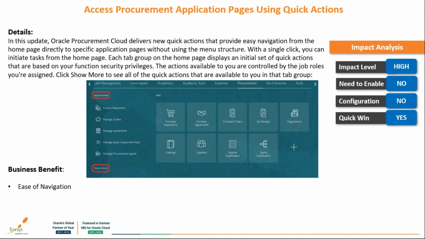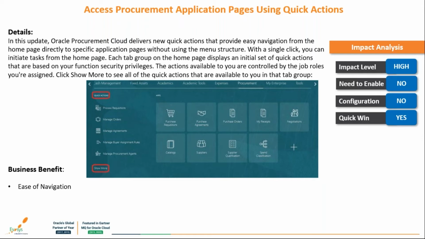Oracle Procurement now has new quick actions that allow users to navigate directly from the home page to specific application pages without having to navigate through the menu structure. From the home page, you may start tasks with a single click. On the main page, each tab group shows an initial set of quick actions based on your function security privileges.